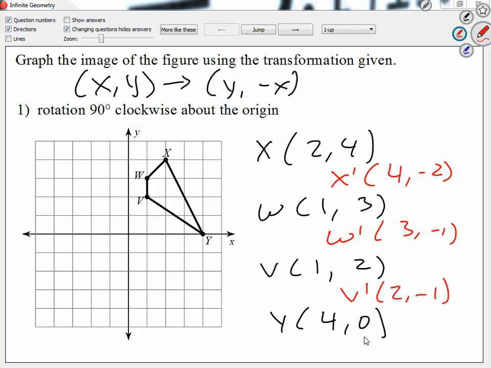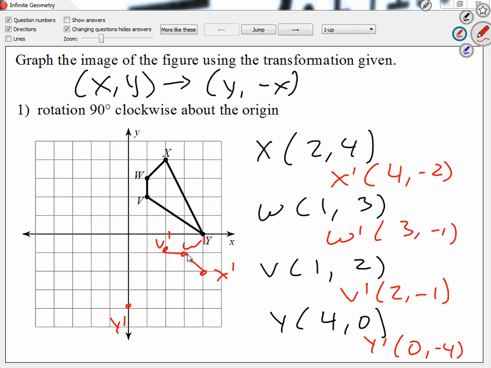And for Y prime, what do you guys get? (0, negative 4). Let me plot those points in. So (4, negative 2), (3, negative 1), (2, negative 1), and (0, negative 4).